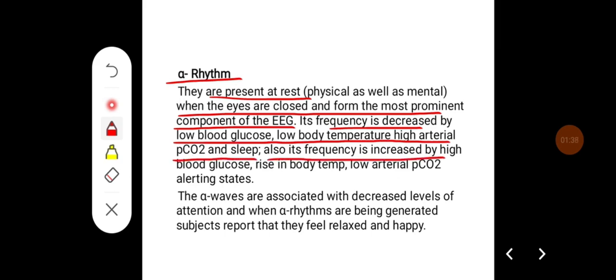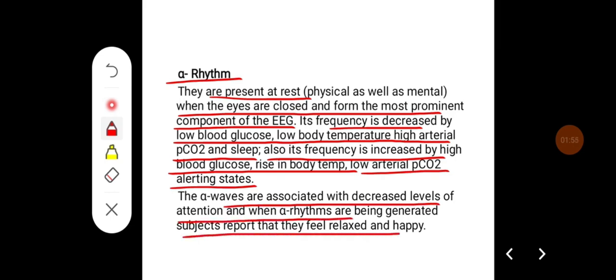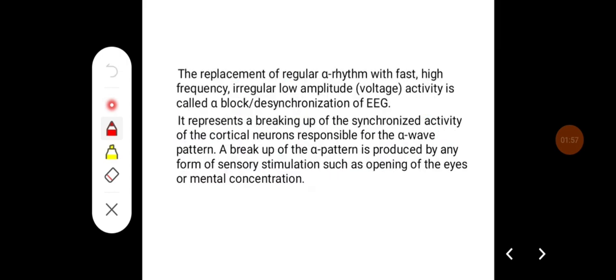Also, its frequency is increased by high blood glucose, rise in body temperature, low arterial PCO2 and alerting states. The alpha waves are associated with decreased levels of attention, and when alpha rhythm is being generated, subjects report that they feel relaxed and happy.